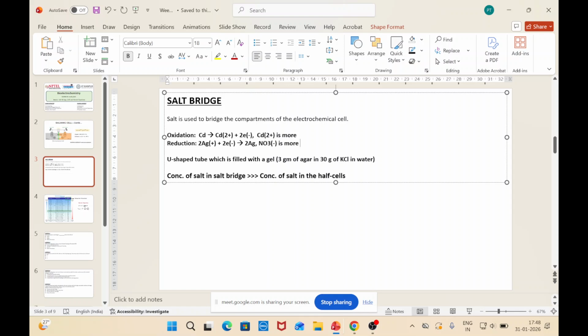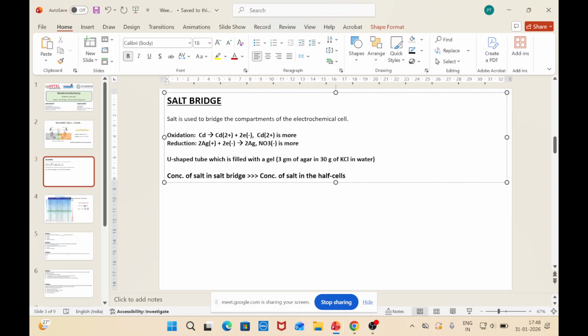So in order to maintain the charge neutrality, in case of the anodic side, NO3- ions will move from the salt bridge to the anodic compartment, and some amount of the Cd2+ will enter from the anodic compartment electrolyte to the salt bridge.